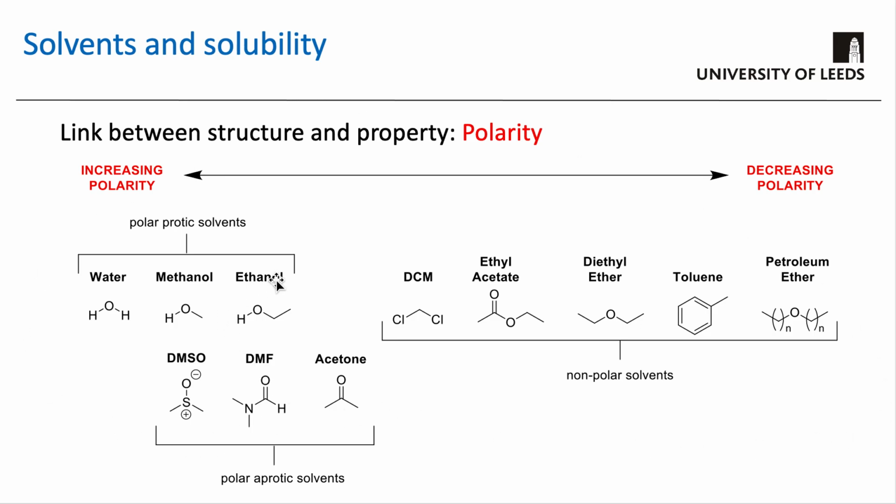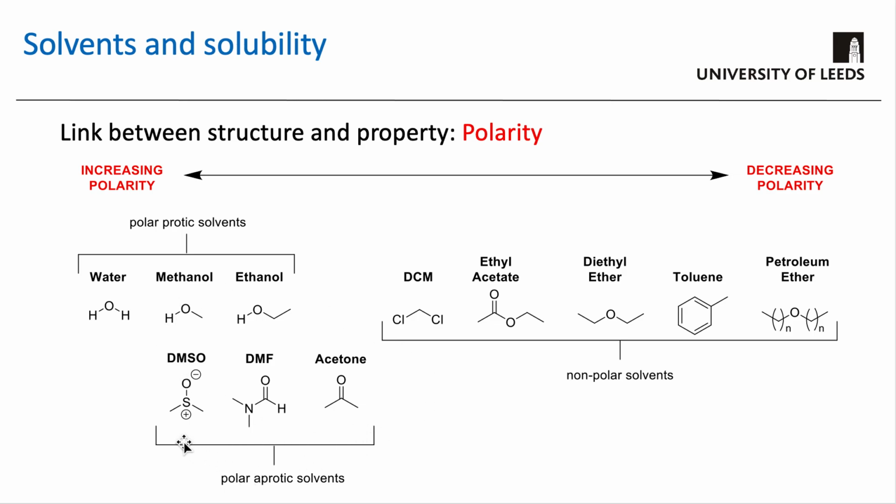So what I have here are the key solvents that you use in the lab, grouped together by the type of solvent they are from their chemical structures. We have polar protic solvents, so these are the alcohols: water, methanol and ethanol. They're polar because they've got that polar OH bond, and they can also donate a hydrogen through acid-base reactions.